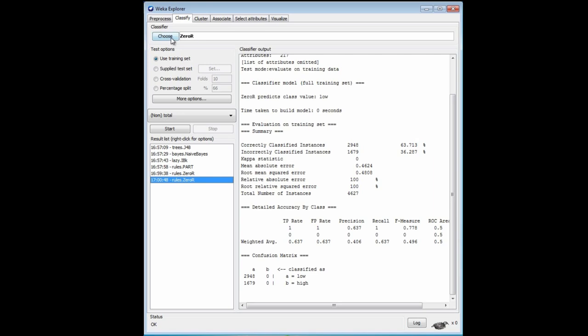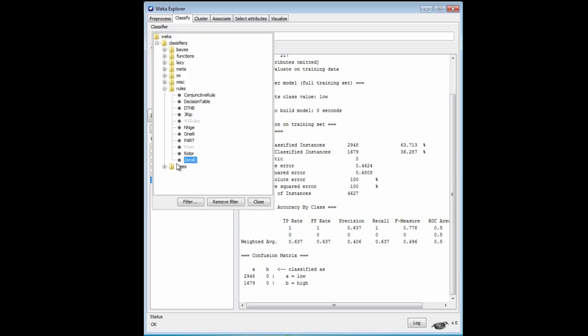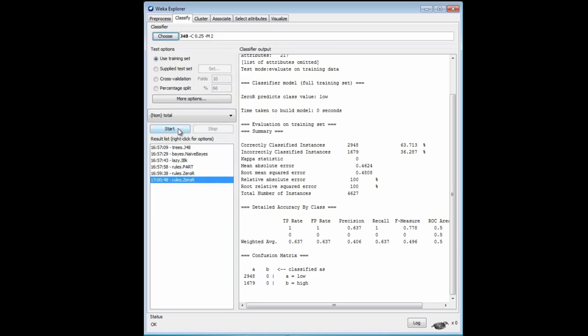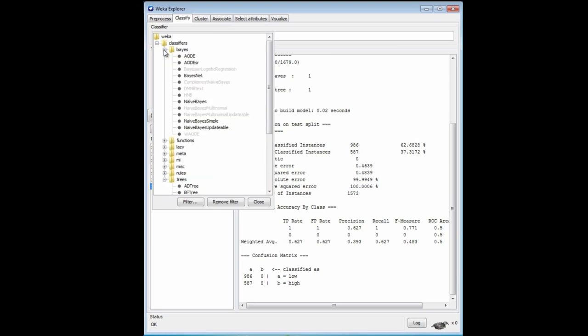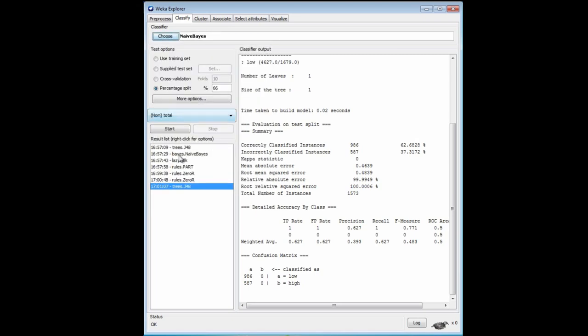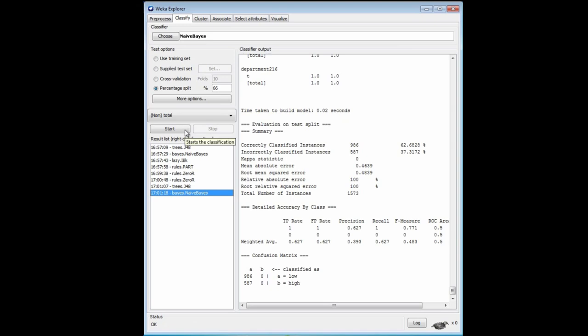I'm going to apply J48, that's down here, and I think I'll use a percentage split for evaluation. It's not fair to use the training set here. So now I get 62, 63%. That's worse than the baseline. If I try naive Bayes, these are the ones I tried before, I get again 63% worse than the baseline.